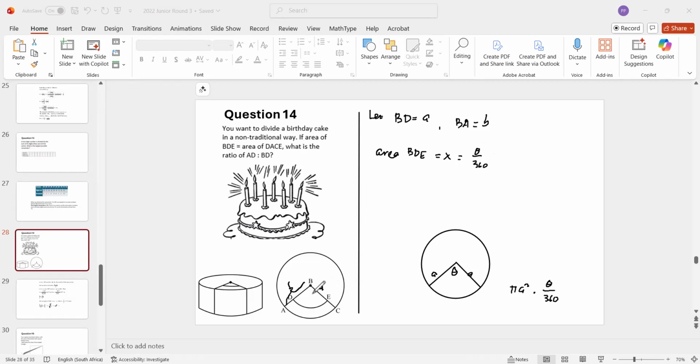We'd better give a name to this angle between these two. Theta over 360 times pi a squared. It's that fraction of the small area. And likewise, the area of BAC, and here we are looking at this entire piece of the pie, of the birthday cake.